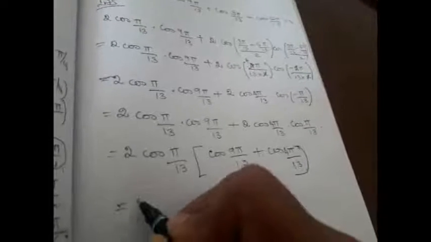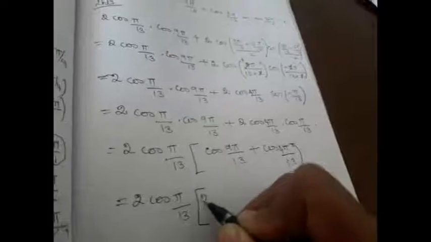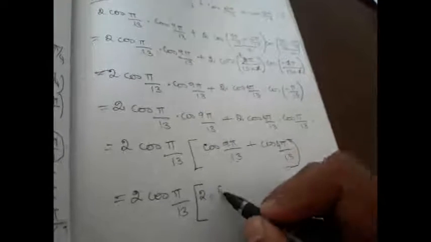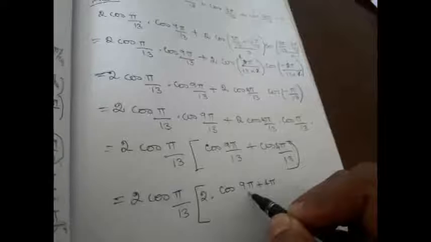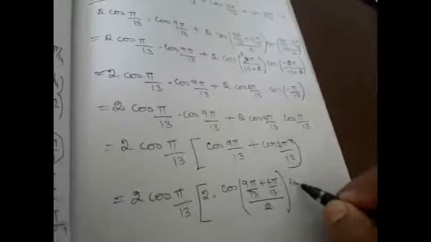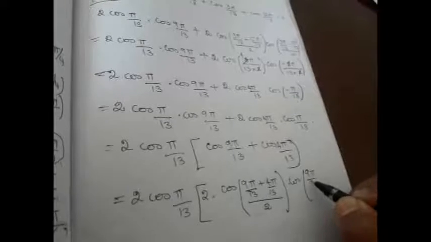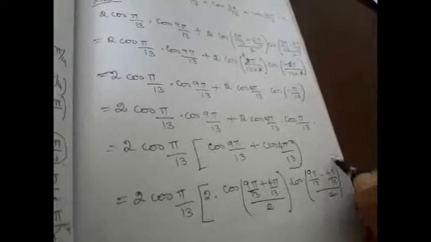Again this resembles cos C plus cos D, so apply the same formula. So 2 cos pi by 13, again 2 into cos C plus cos D, so 2 cos of (9 pi plus 4 pi) divided by 2, that is (x plus y) by 2, into cos of (x minus y) divided by 2.